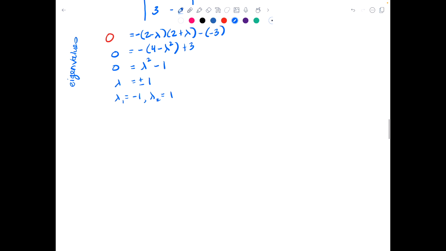And now we need to find eigenvectors. There are different ways you can look at this.